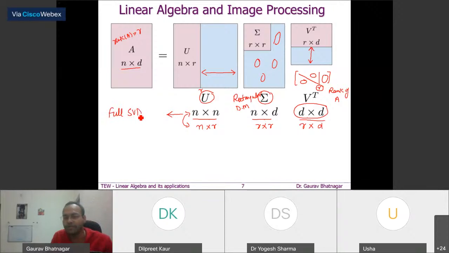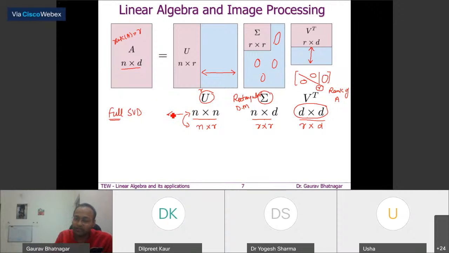Full singular value decomposition. This particular word suffices to say that the dimensions of my factored matrices are of maximum size. I cannot go beyond the size which I am going to have in the full SVD.